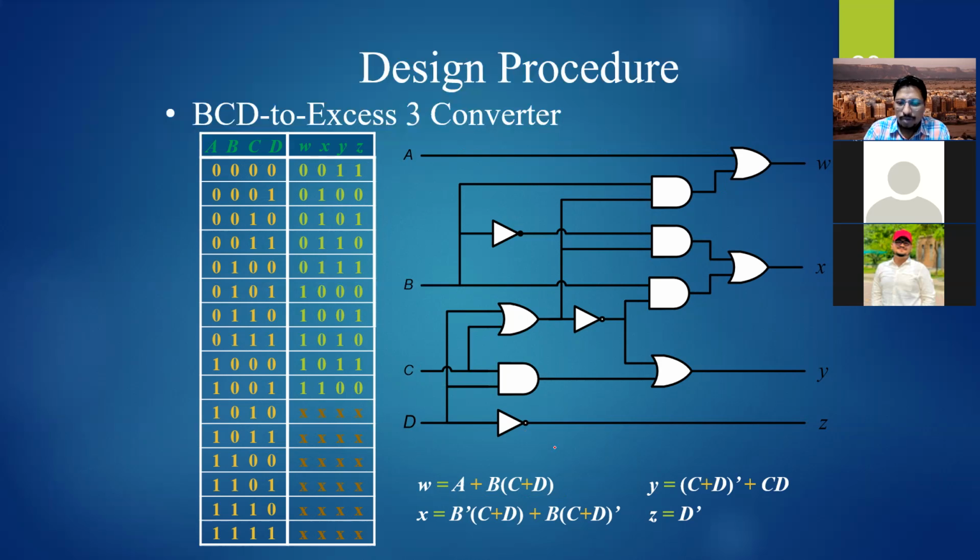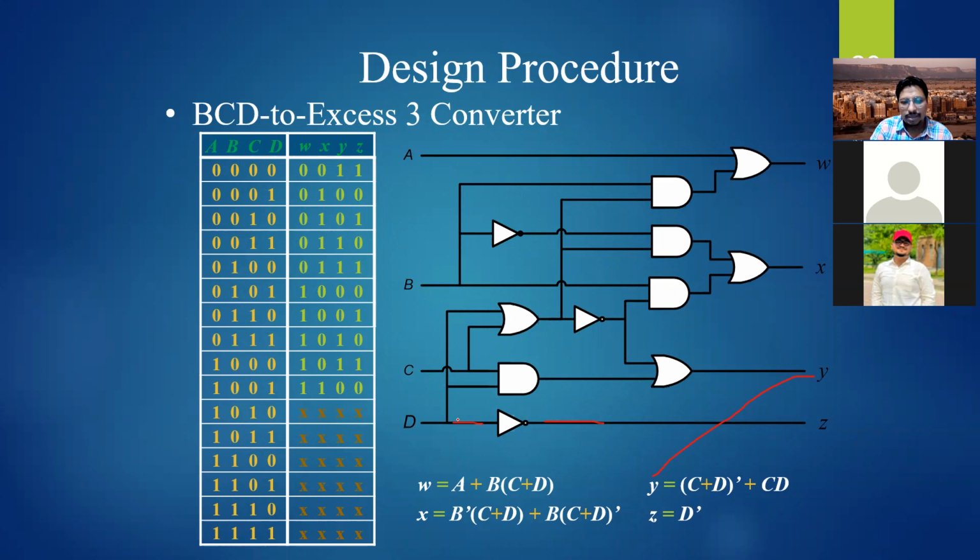Okay, let's talk about the other one. For example, I want to find the value of Y. What is the value of Y? C plus D, but both of them are complemented, I mean they are primed. So this is D prime from here. Since both are complemented, I can first OR them, then complement the result.